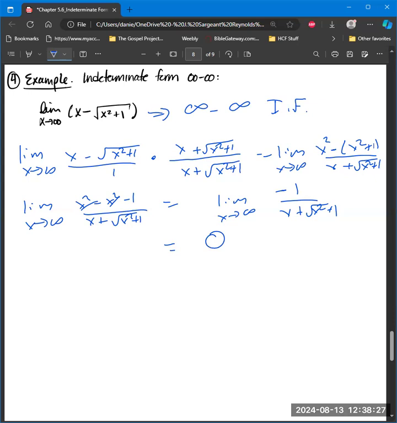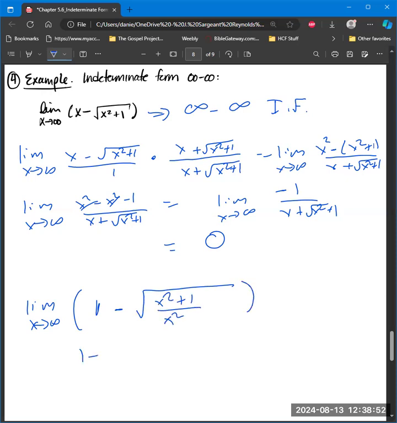So were there other ways that we could have handled this? Absolutely. We could have, for instance, taken the limit as x goes to infinity and divided by x, which is positive, which would have given me 1 minus the square root of x squared plus 1 over x squared.